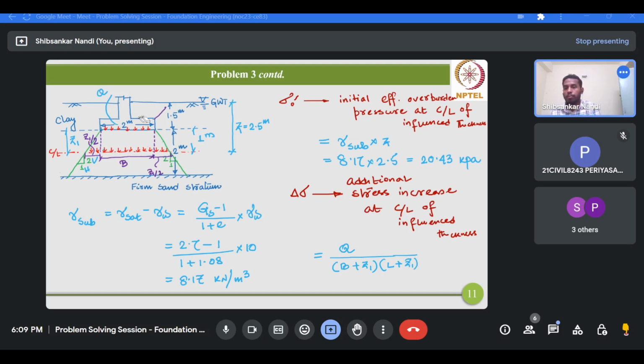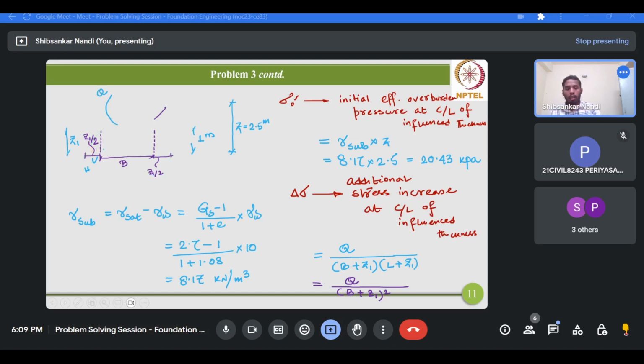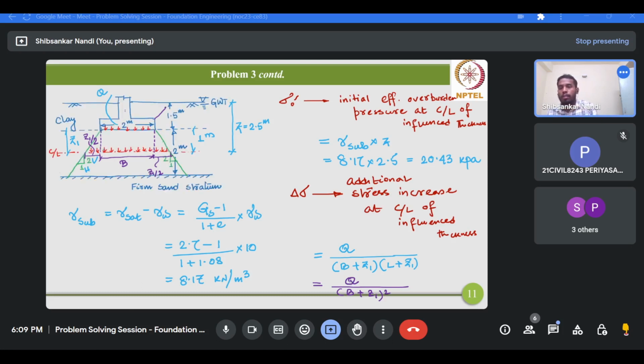Now, since this is a square footing, it would be Q divided by B plus Z1 square. Now, what is Q? Q in this problem is simply QS, the shape bearing capacity, multiplied by the area of the footing, that means B square.